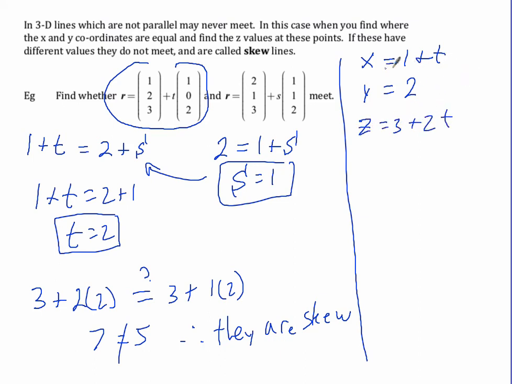If we solve all of them for t, the first one's going to be t equals x minus 1. And the second one we can't solve for t, right? In the last one we have 2t equals z minus 3, so t equals z minus 3 over 2. So this one in Cartesian form would be x minus 1 equals z minus 3 over 2.